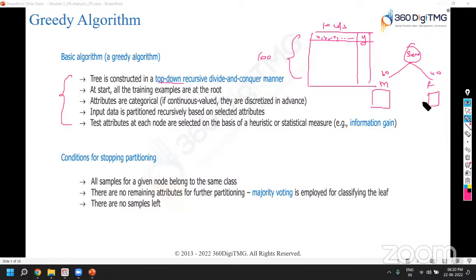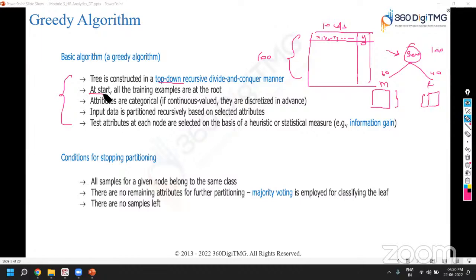So if you look at this, at the beginning of your decision tree, first branch, you have 100 records. But as we go down the branches, the number of records is reducing. At each branch, the number of records obviously will reduce.